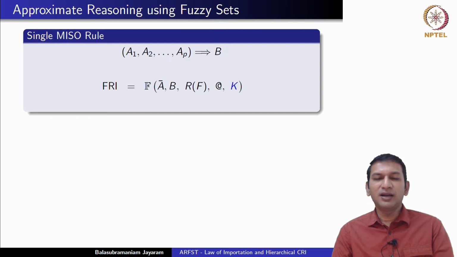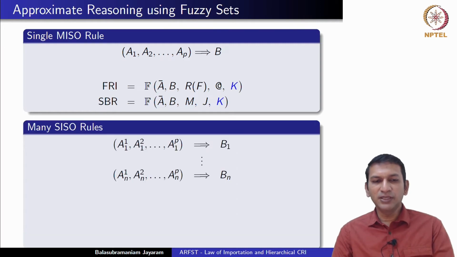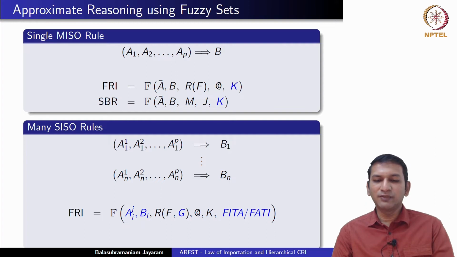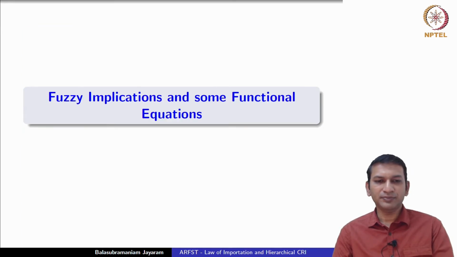Of course, we need an antecedent combiner K to combine all of them to get a single relation. In the case of an SBR, again, we have this matching and modification function. Of course, we also need the antecedent combiner. In the case of multiple MISO rules, not only do we need the antecedent combiner, we also need the theta or Fati inference strategy and the aggregation function G. And in the case of SBR, we need the aggregation function G and also the antecedent combiner K.